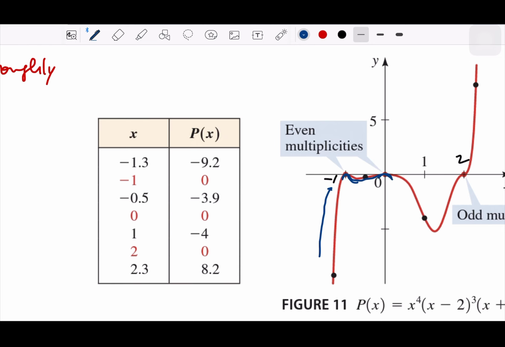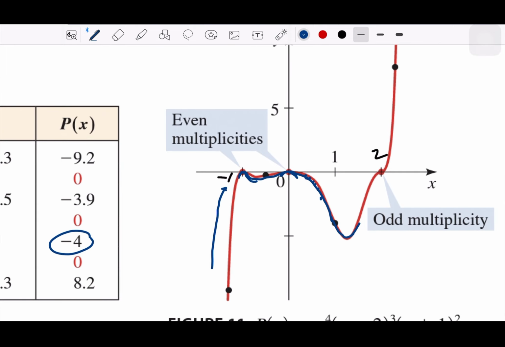And of course we can check, for example, a negative value before we get to x equal 2, which is the other zero. So it goes down like that, and then it goes back to 2. Instead of going directly, because of multiplicity, it takes some turns.